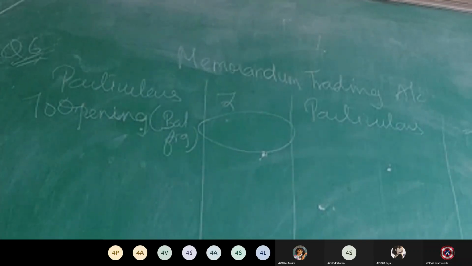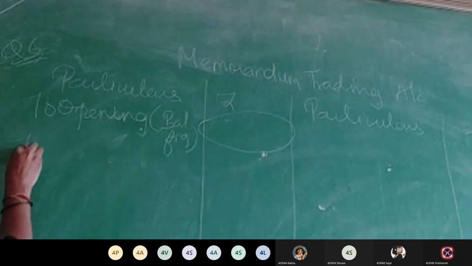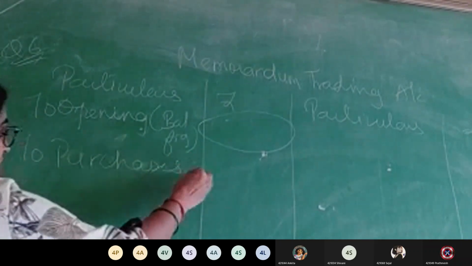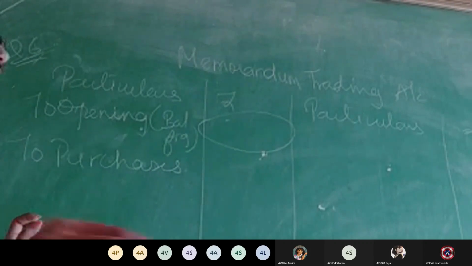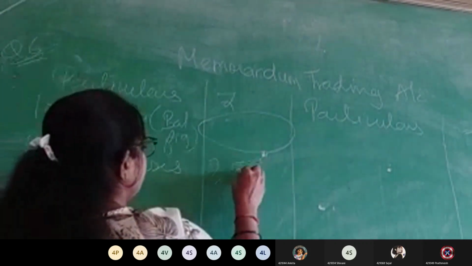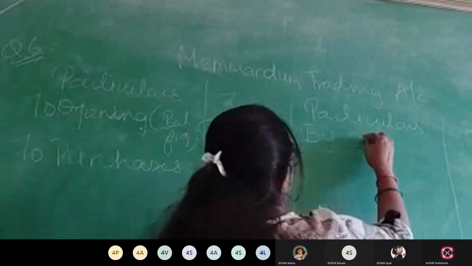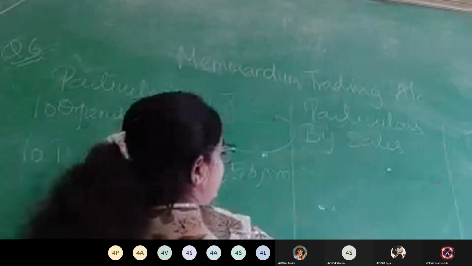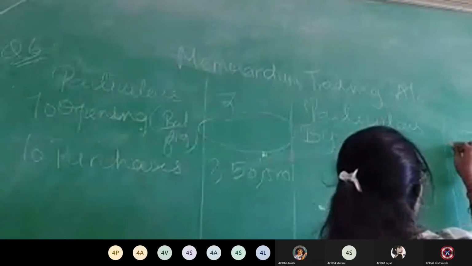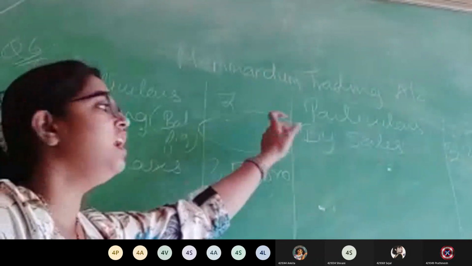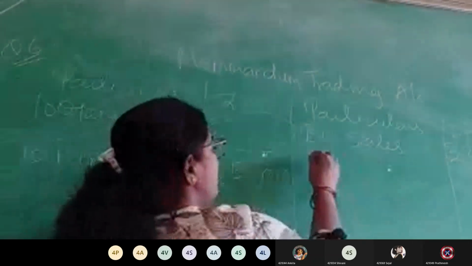What comes below this? Purchases. Write 'To purchases'. How much will come? 2,50,000. Then we have the sales. What is sales? 3 lakh. So all this information is given. Here we have to find this out by plus and minus. Sales given, closing stock also given.